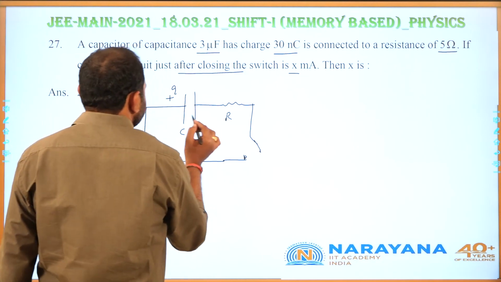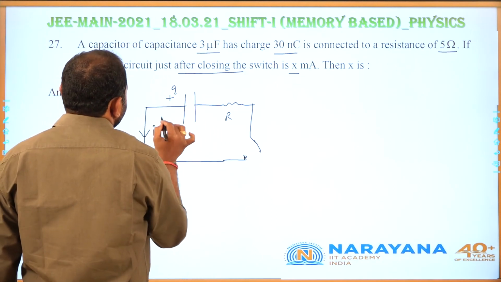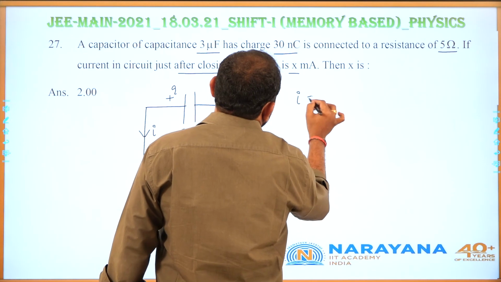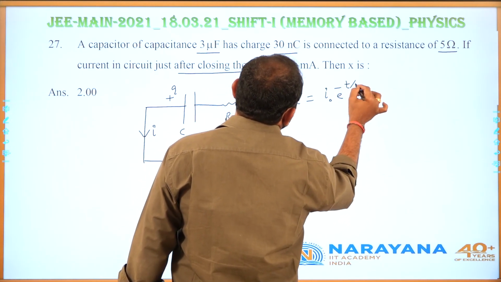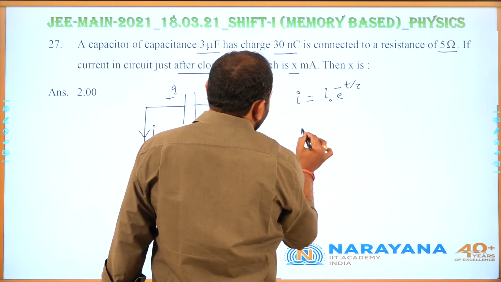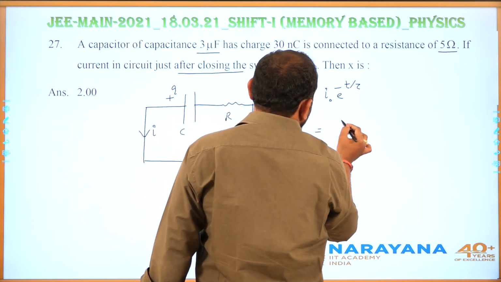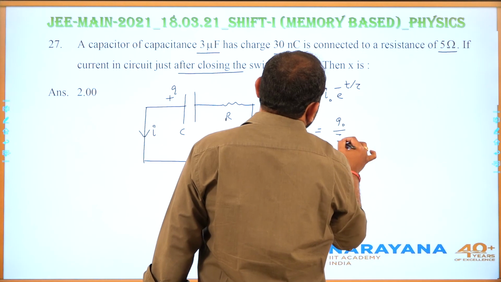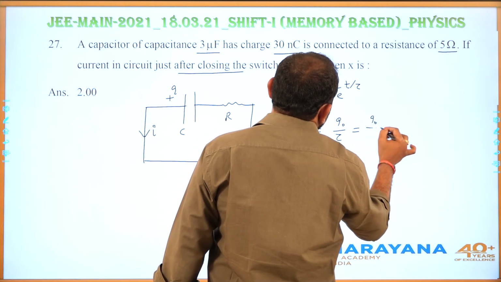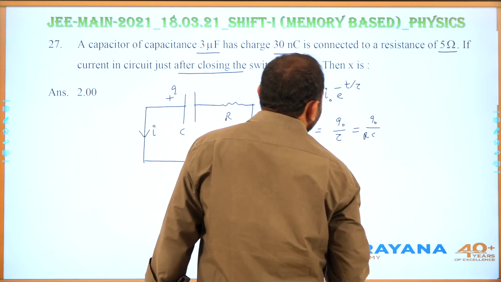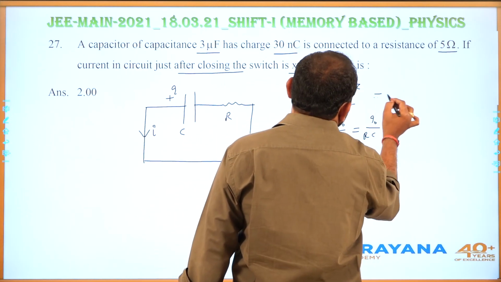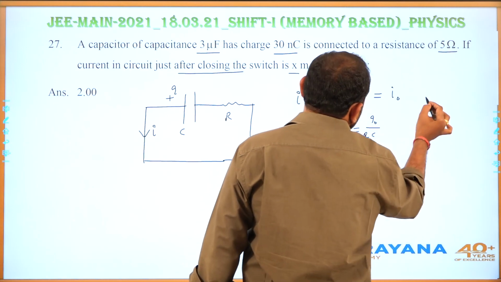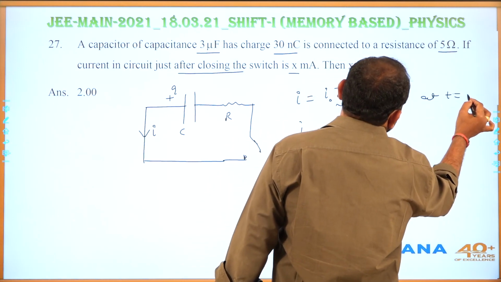The general expression for current in the circuit can be written as I equal to I naught into e power minus t by tau, where I naught is Q naught by tau or Q naught by RC. Just after the switch is closed means this will be equal to I naught at t equal to 0.